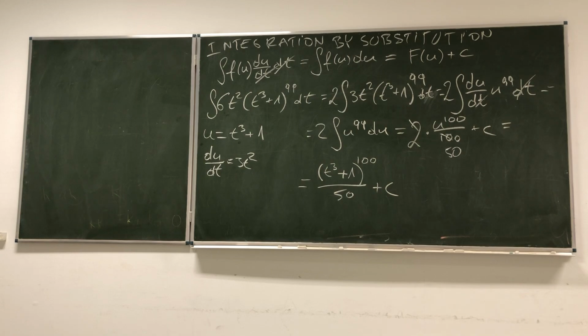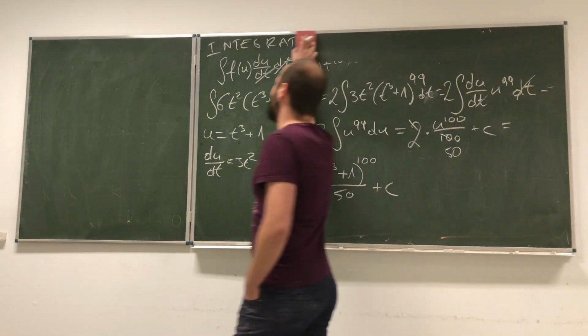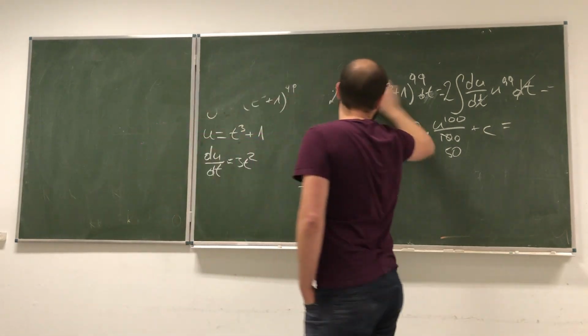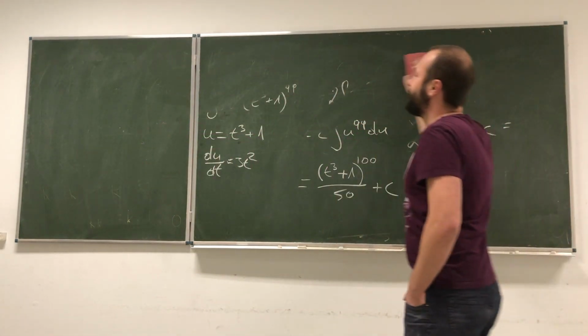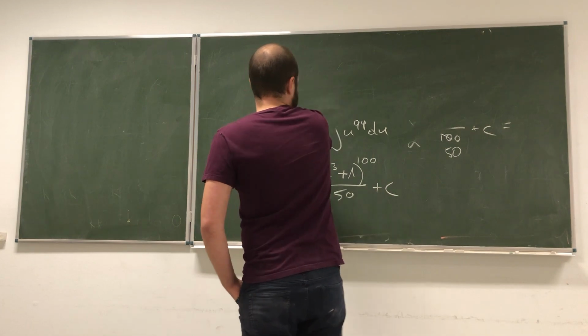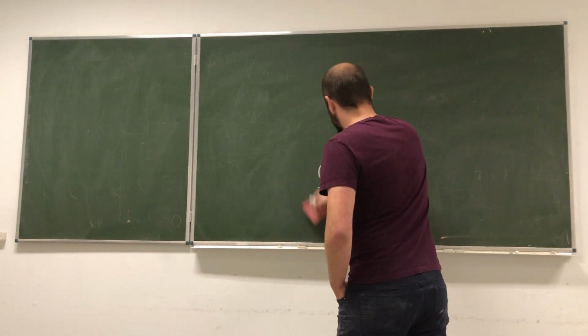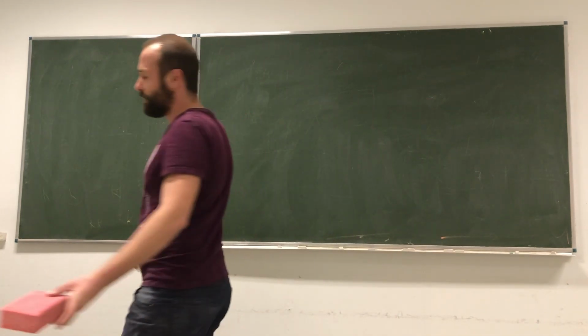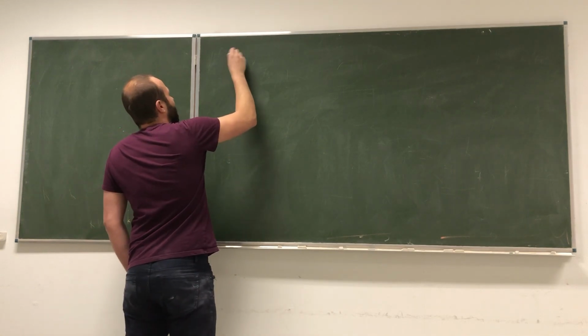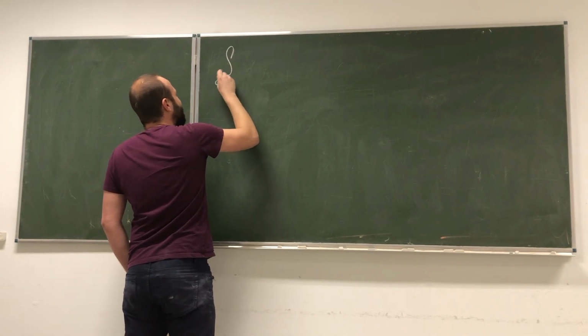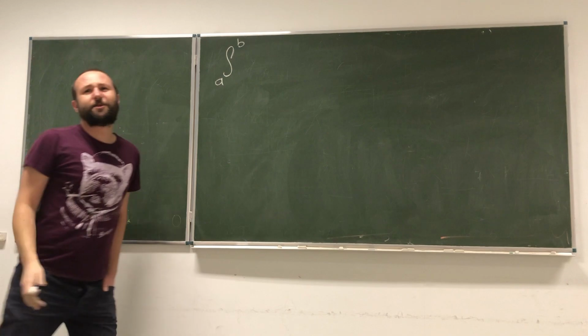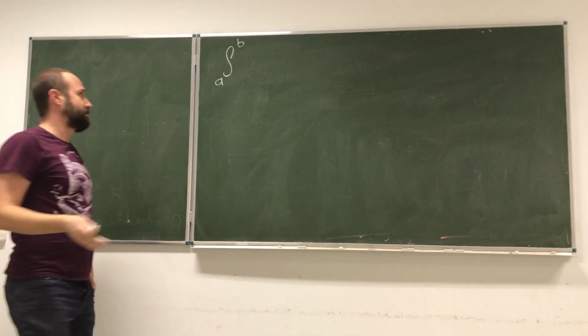Okay, and I think this is enough when it comes to the repetition of indefinite integrals. The next thing we need to repeat are definite integrals. Look, definite integrals is something that we use in order to calculate the area below the function.